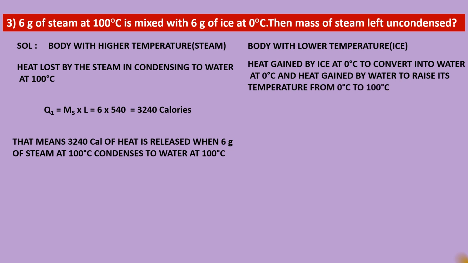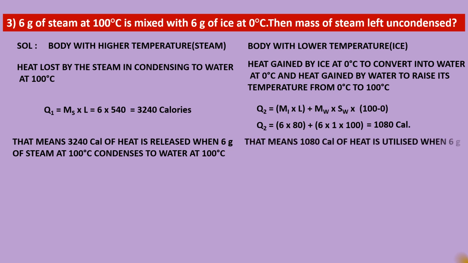For this purpose, we use two formulas, Q is equal to mL and also m s delta T, and if you substitute the values, we get 1080 calories. That means 1080 calories of heat is utilized when 6 grams of ice at 0 degrees Celsius changes to water at 100 degrees.